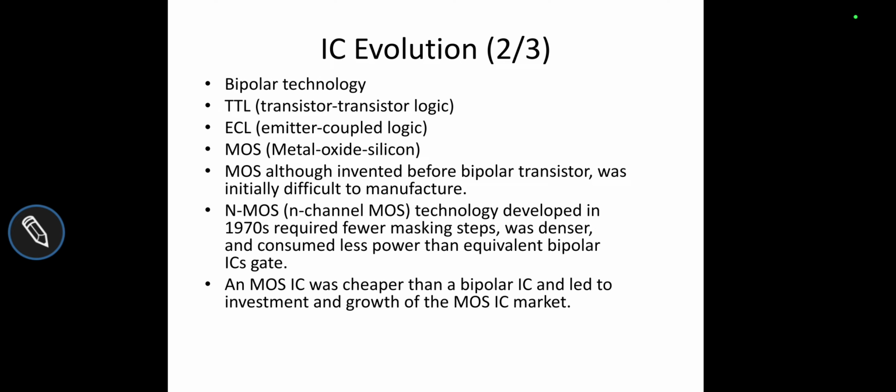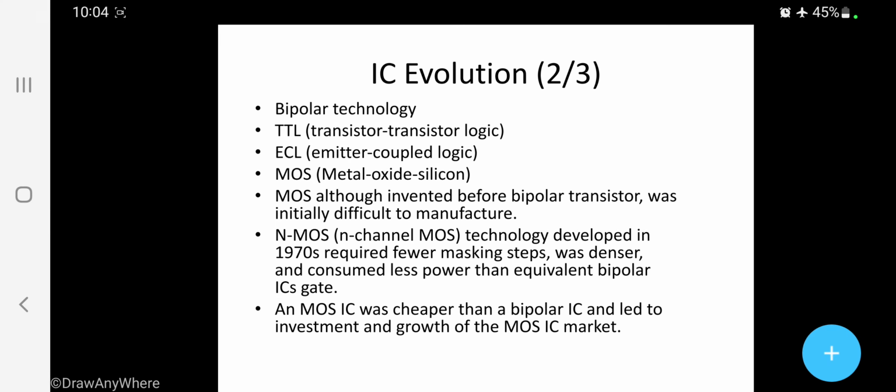The number of MOS transistors which can be fabricated in an IC is very large. That's why it is denser, meaning more transistors in a small area, and less power is consumed compared to bipolar ICs. That's why MOS transistors are popular nowadays.